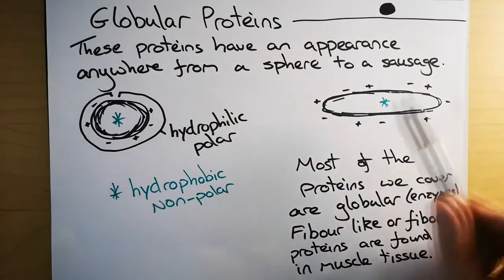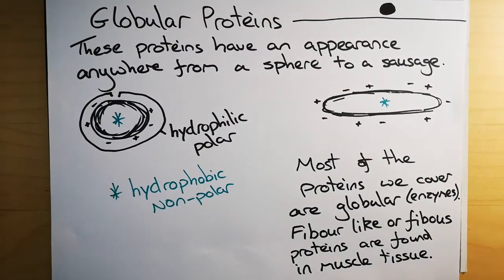So that is our globular proteins, a huge group of proteins, like our enzymes and transport proteins. Lots and lots of proteins that perform very specific functions throughout the body are globular. The fibrous proteins will be found in things like muscle fiber.